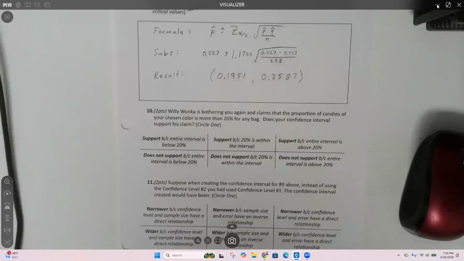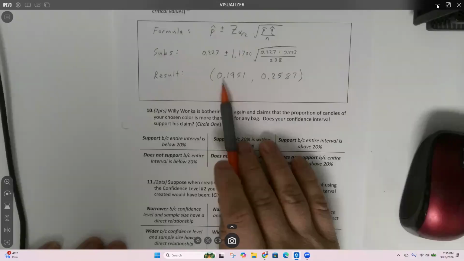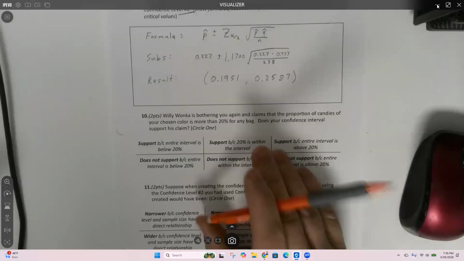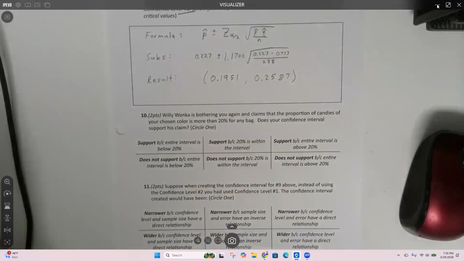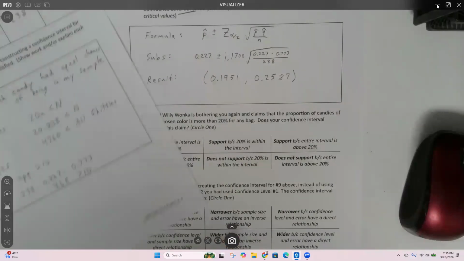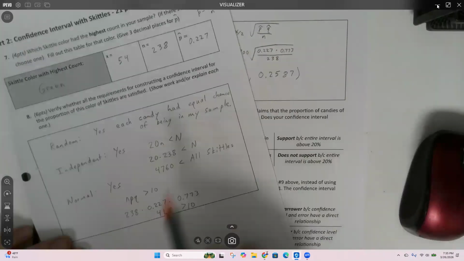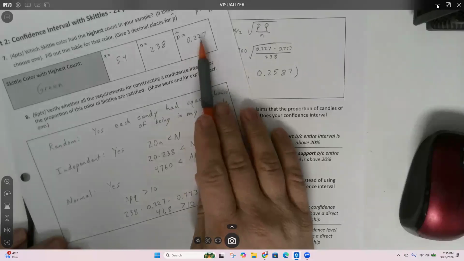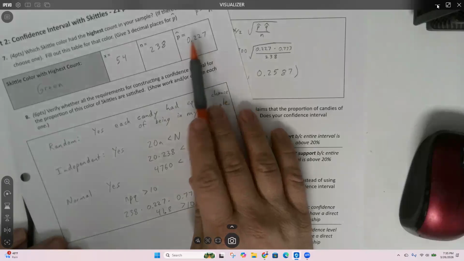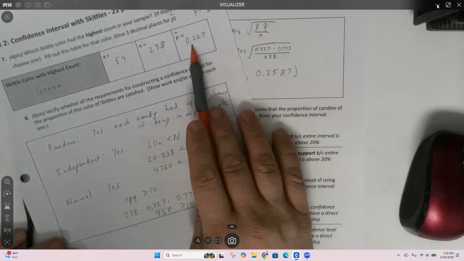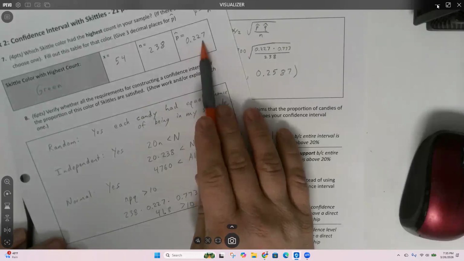So the question I'm trying to answer is, what percent of Skittles are green? I can't calculate that for everything, so I have to do a sample. I got that 22% of Skittles are green. Is that true for the entire population? No, it's not, but it's close to the true value.